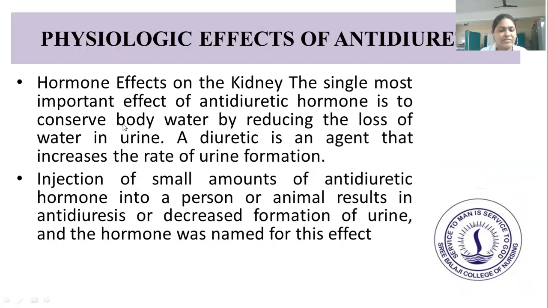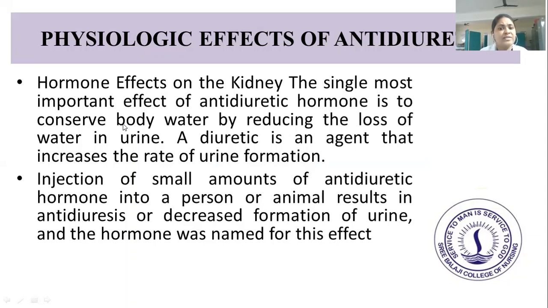Normally, the hormone's effects are in the kidney. It is helpful for conserving body water by reducing the loss of water in the urine. Normally in diabetes insipidus, the patients will have an extreme amount of urine, many liters, expelled through the kidney.